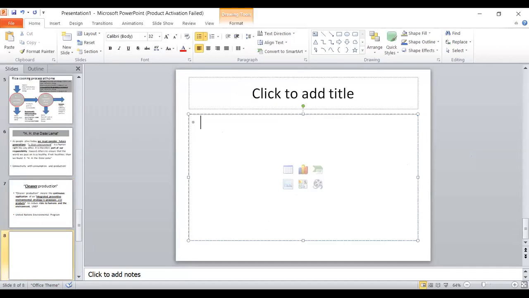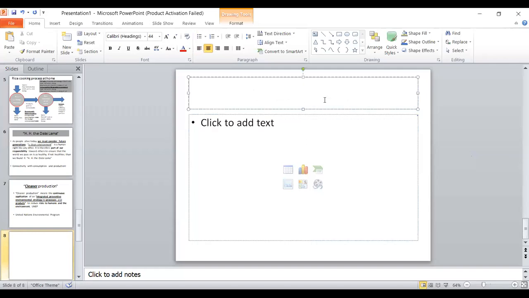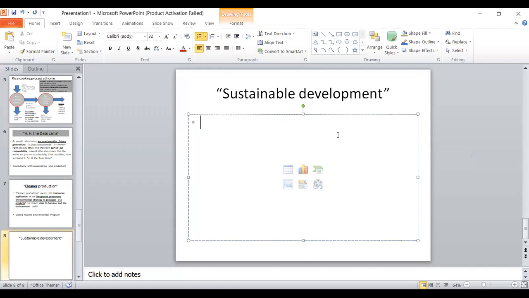We have one more definition. Because definitions are definitions, we have to understand some as well. Out of the definition, you have to get a very good idea about it. It is about sustainable development.